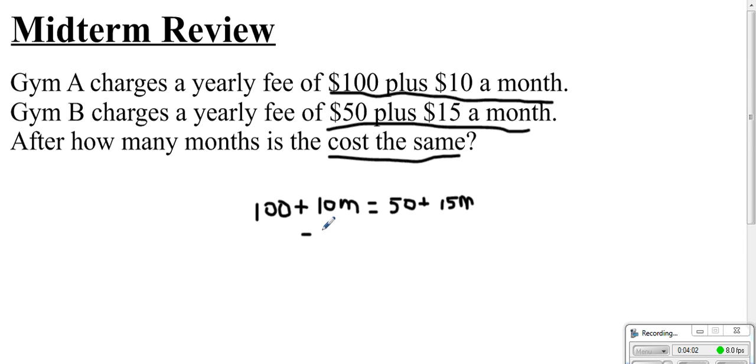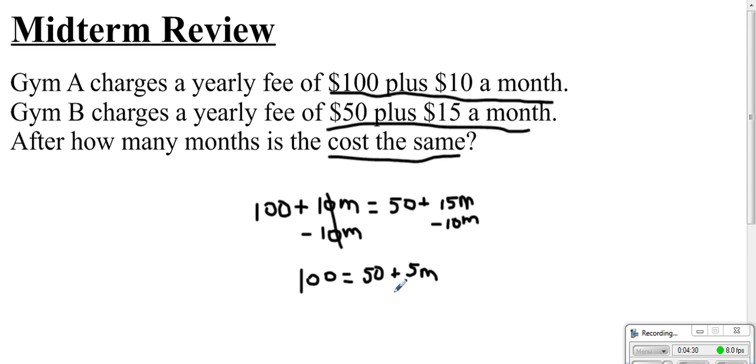Remember, when you have variables on both sides, you get them together first. So we're going to bring the smaller over to the larger, so I want to stay in the positive. That cancels. 100 comes down. The equal sign comes down. The 50 comes down. And 15m minus 10m is a positive 5m.